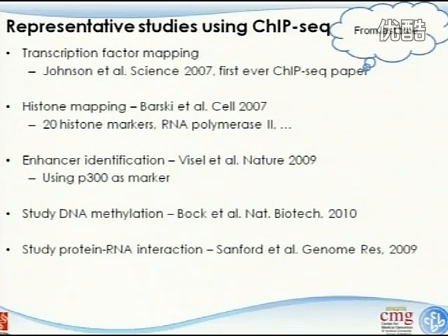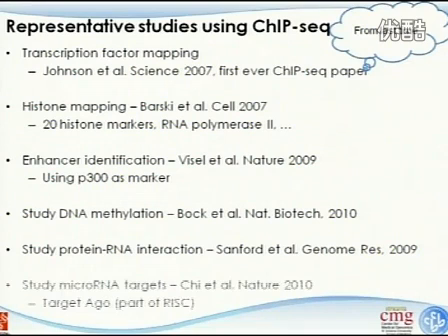There are two more studies that look at not protein-DNA interaction, but rather protein-RNA interaction. The technology is called CLIP-seq, which stands for cross-linking immunoprecipitation. The first study was published by us, we were involved there, and it studied protein-RNA interactions of the SR proteins. The second one targeted one of the proteins in the RISC protein complex, which helps us understand microRNA and mRNA targeting.